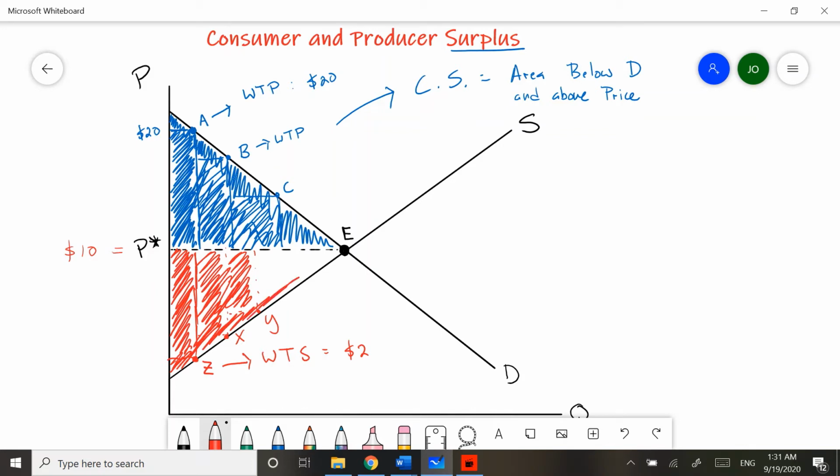When we add up all the producers and their producer surplus, we will get producer surplus, which will be the area above the supply curve and below the price.